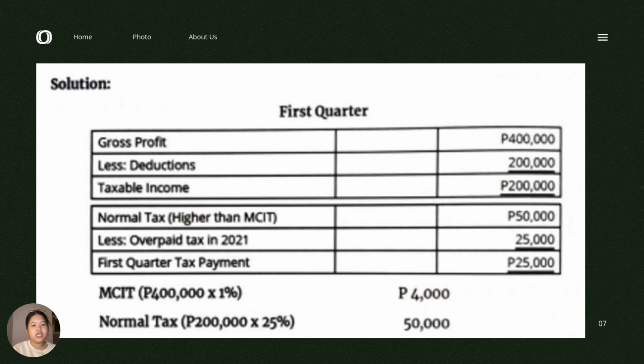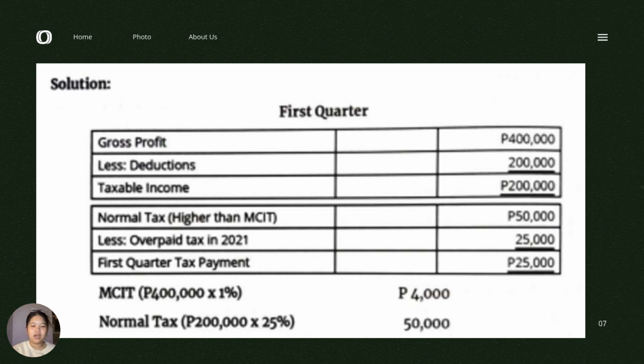The first quarter has a gross profit of 400,000 and a deduction of 200,000, so the taxable income is 200,000. We use the normal tax instead of MCIT because if we calculate MCIT, it only results in 4,000, since 1% of the gross profit of 400,000 is only 4,000.